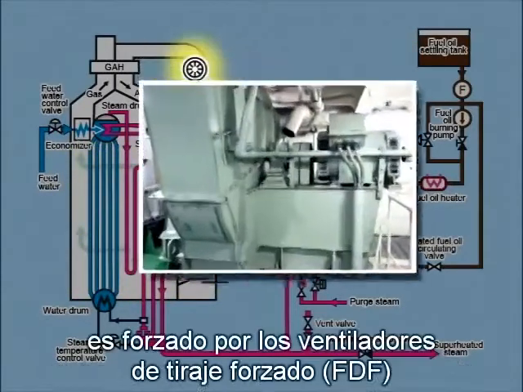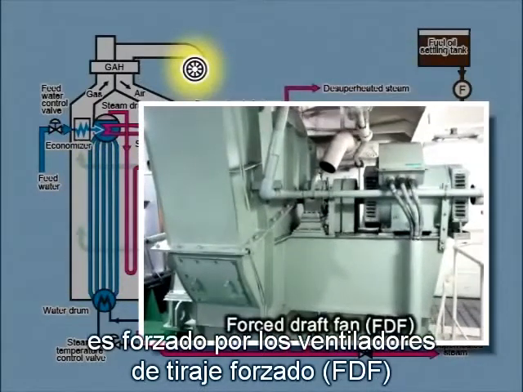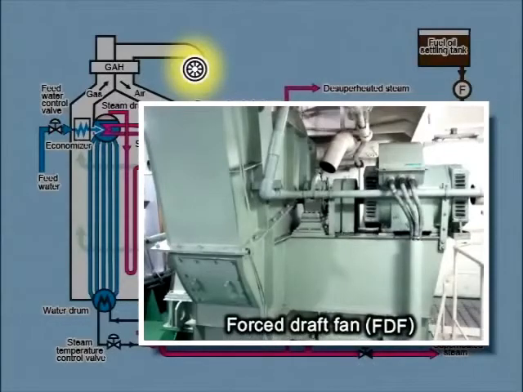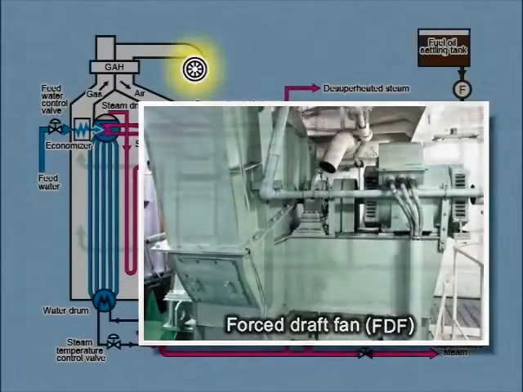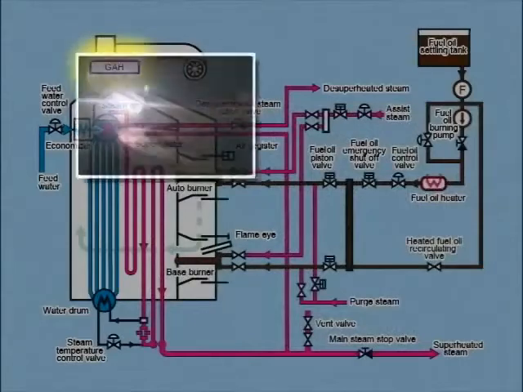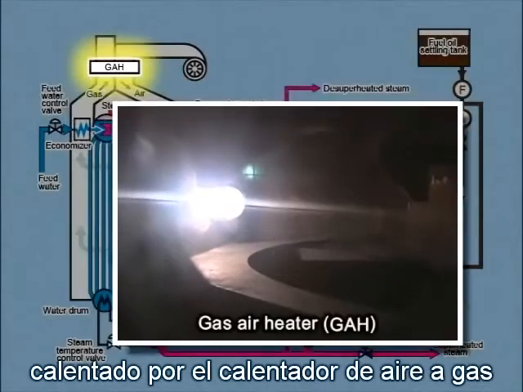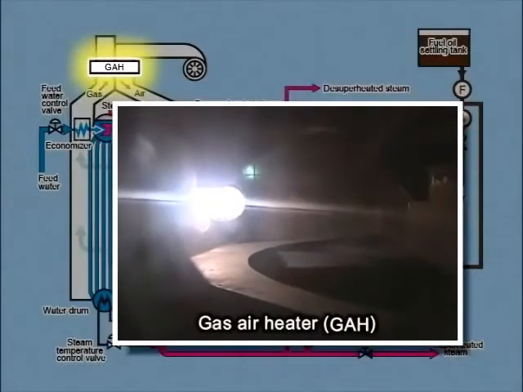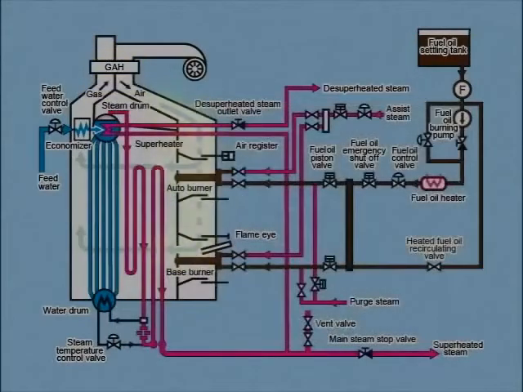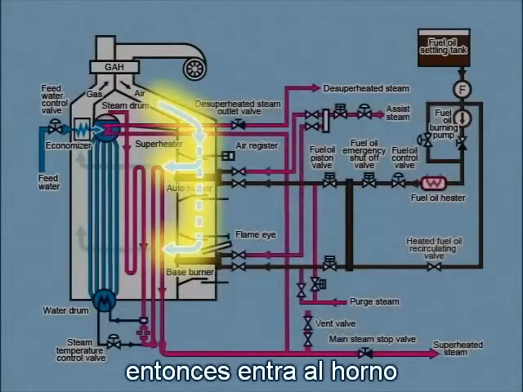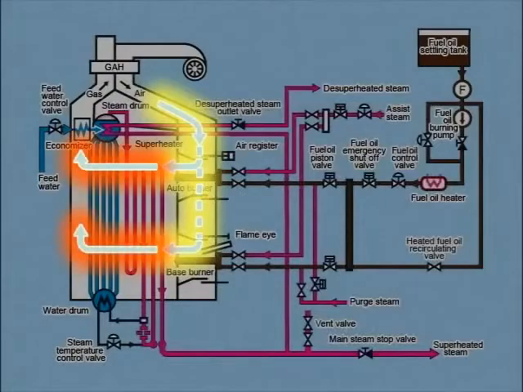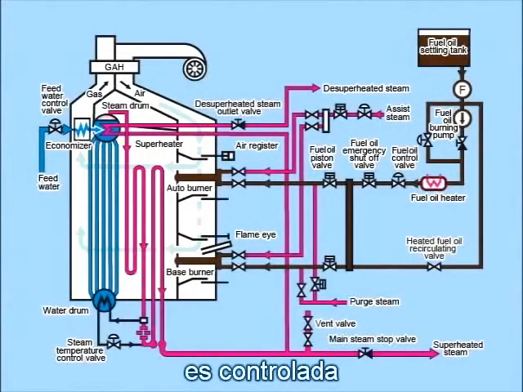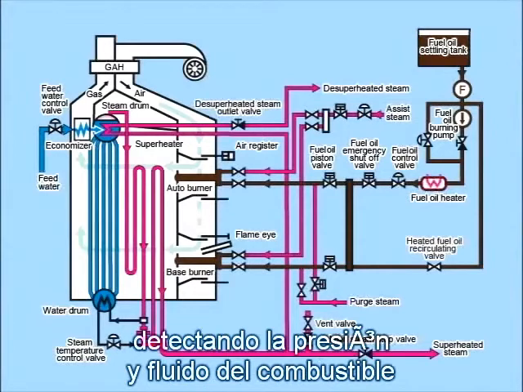Air required for combustion is force-fed by the forced draft fan, heated by the gas air heater, then enters the furnace to burn the fuel. The amount of air is controlled by detecting fuel oil pressure and flow.